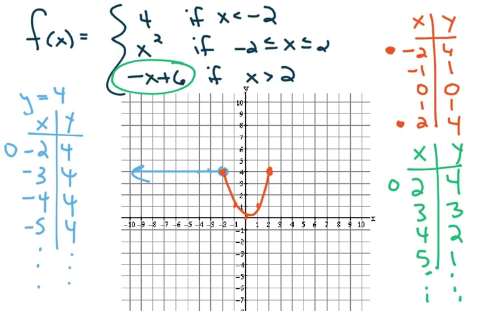So (2, 4), again, it's an open circle here, except there's already a closed circle. When an open circle and a closed circle land in the same location, the closed circle takes over. And then we've got (3, 3), (4, 2), (5, 1), and so on in that direction.